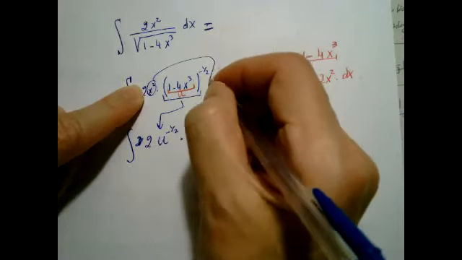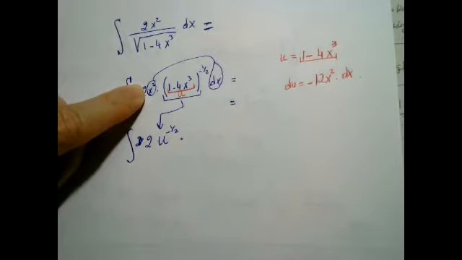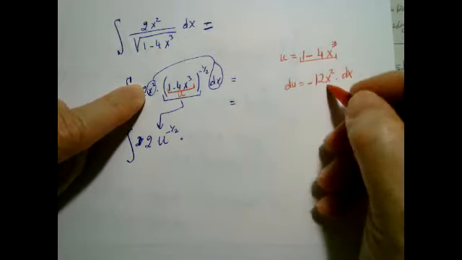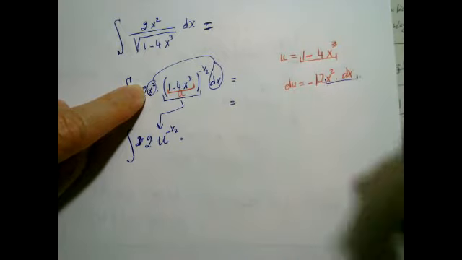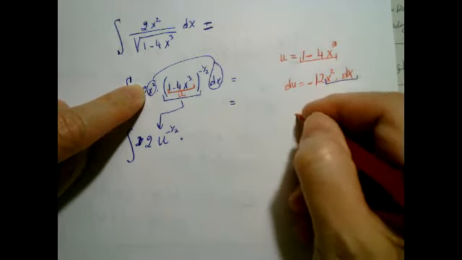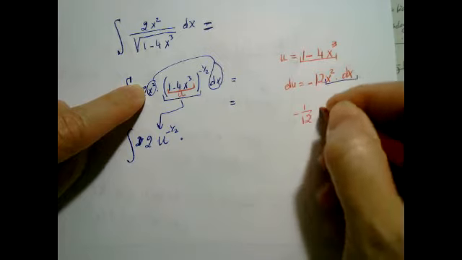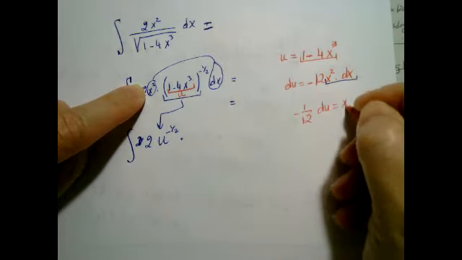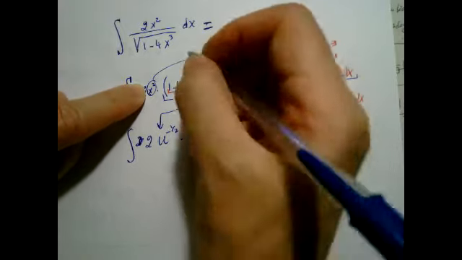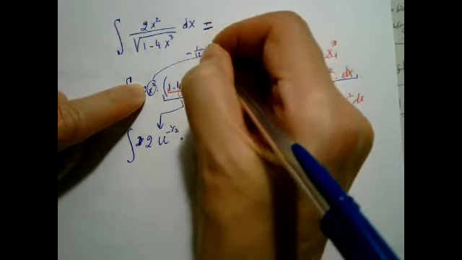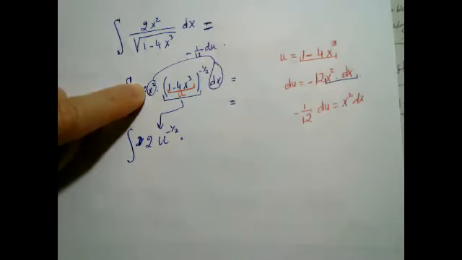Now the x squared dx, I can pull it immediately from here. So I want the x squared dx, I divide by minus 12. So minus 1 over 12 du is x squared dx. We're really substituting verbatim. So the x squared dx is minus 1 over 12 du. That's the piece I want.